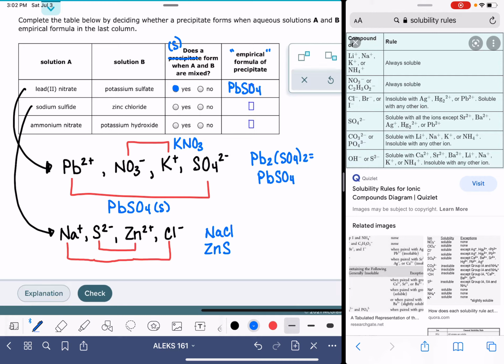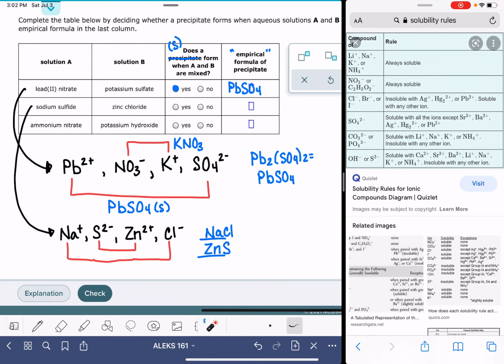So now that we know these are the compounds that we may have possibly made, we're going to go to the solubility rules and we're going to look for them. We'll start with NaCl. Rule number 1, Na+, it says it's always soluble. So that means this thing is never going to be a solid when it's in water. Now we're going to move on to our next, ZnS.